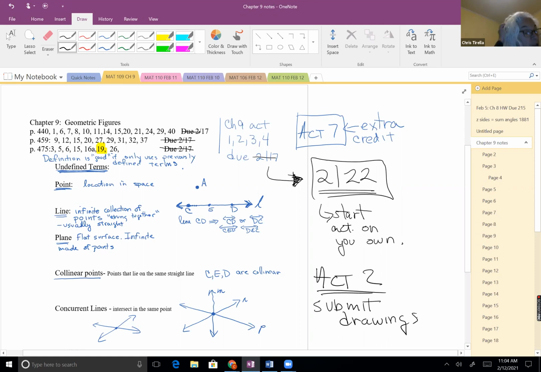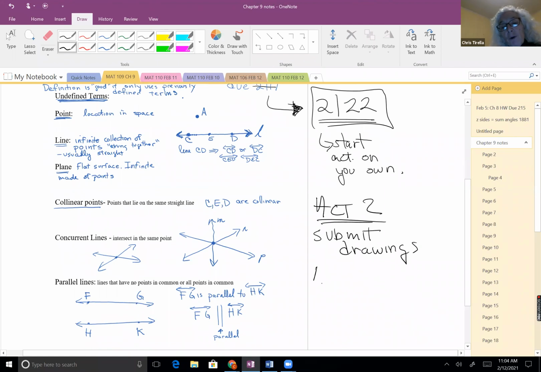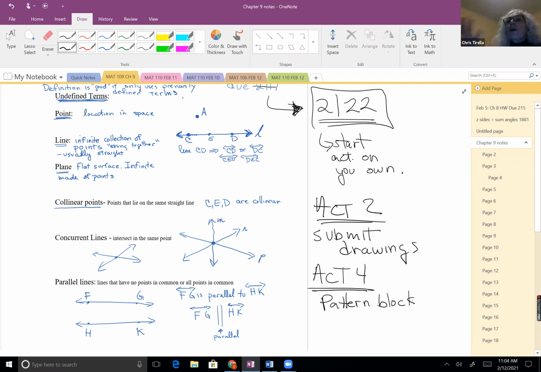Activity 3 just makes use of what we were talking about with the Jordan closed curve theorem and determining whether things are interior or exterior. Activity 4 asks you to use your pattern blocks. I think the green triangles and the blue squares and the red trapezoids and the yellow hexagons.